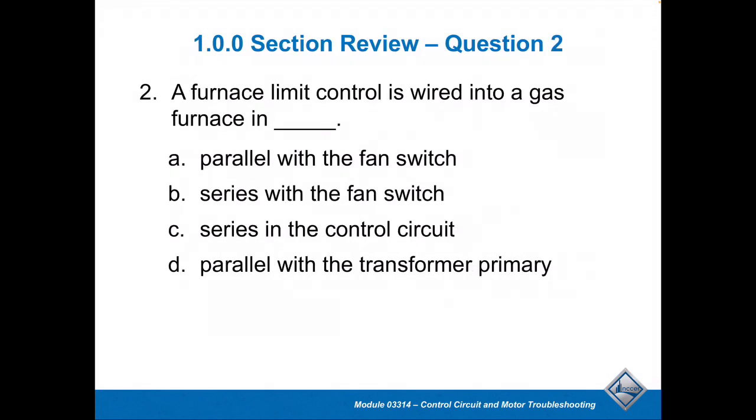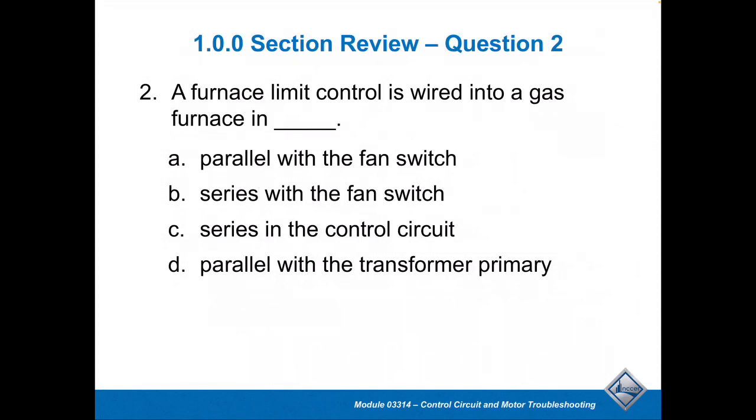The second question talks about how a furnace limit control is wired into a gas furnace. Your choices are parallel with the fan switch, in series with the fan switch, in series with the control circuit, or in parallel with the primary transformer.